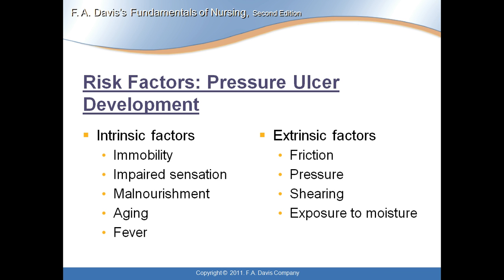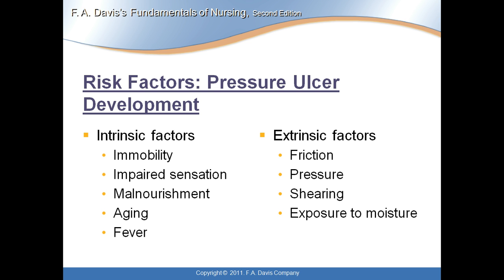Risk factors for pressure ulcer development, also intrinsic factors: immobility, impaired sensation, malnourishment, aging, and fever. With immobility, they're laying in bed and not moving. Impaired sensation, we're looking at diabetic patients with peripheral neuropathy, paraplegics, quadriplegics, people who don't have the ability to tell whether or not their butt has gotten numb and to shift their body weight and move themselves.